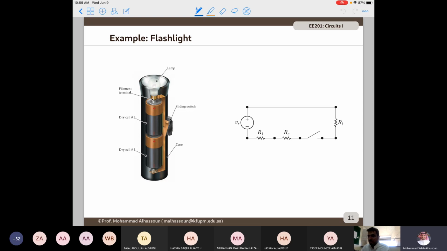If the switch is off, it acts like an open circuit. Then we have a bunch of resistors in series. The first one is R1, which is the resistance of the connector. The connector has some resistance associated with it, so we need to model it.